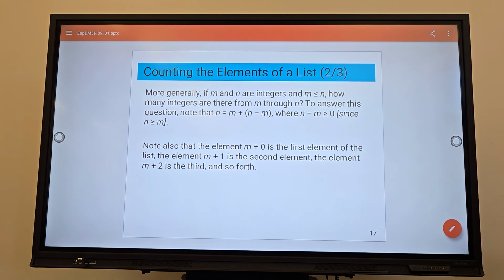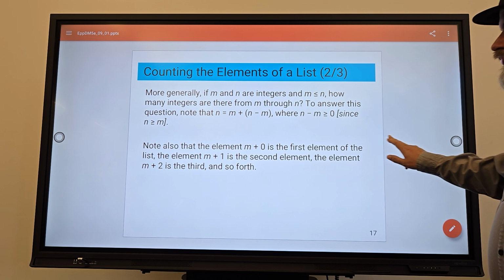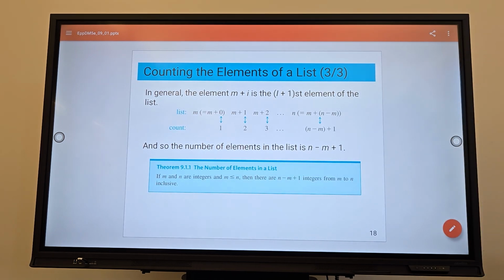The element m plus 1 is the second element, and so on. In general, the element m plus L is the L plus 1 element of the list. So the number of elements in the list is n minus m plus 1.